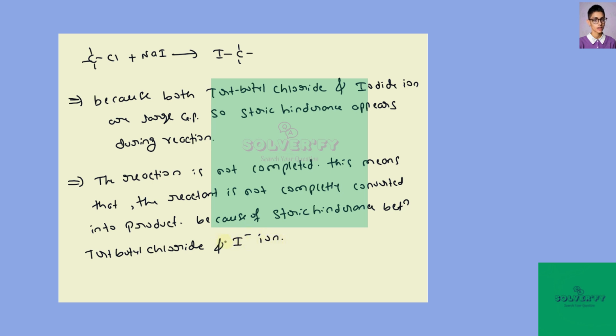As a result of this, some of the reactant is going to be present in our product in the form of precipitate. That's why we are going to get precipitate in this reaction.